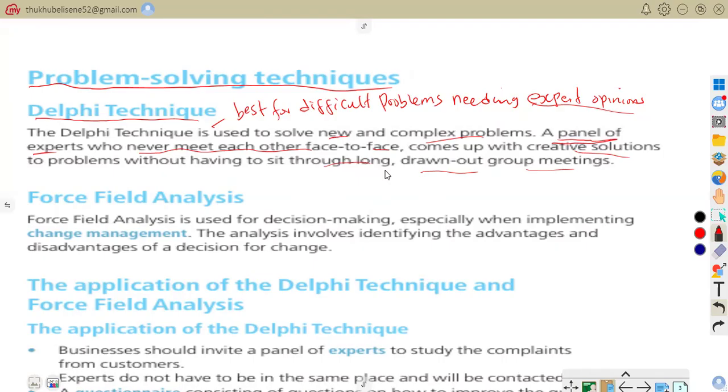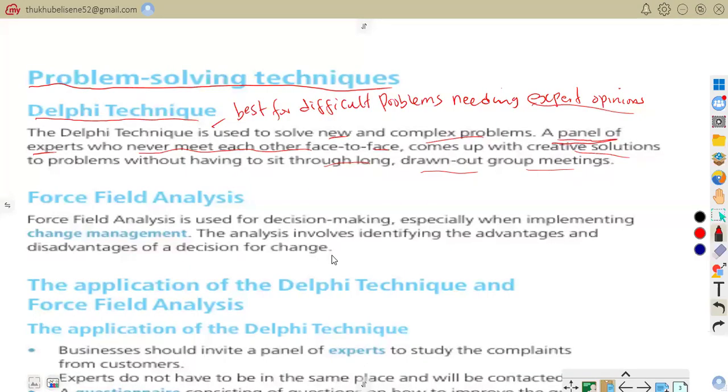They give their opinions while they are at their different places. They work separately, not in meetings. So they send their responses via emails. So there are no dominant members that way.